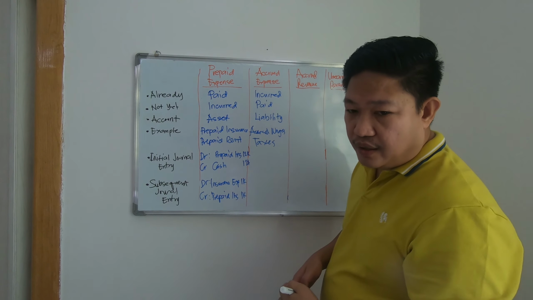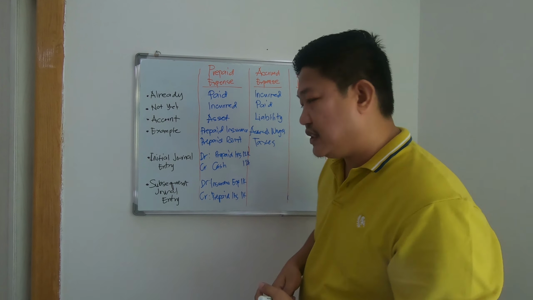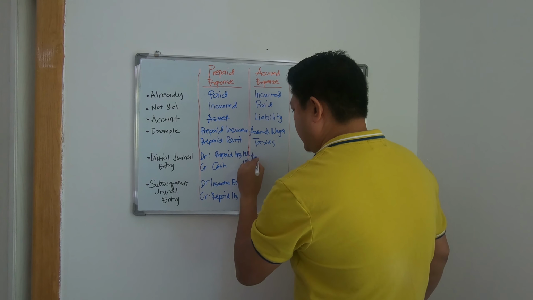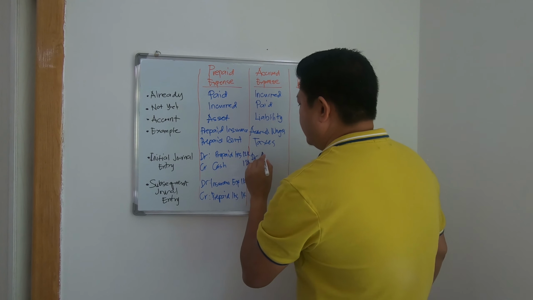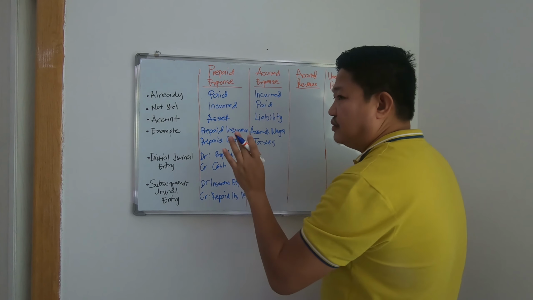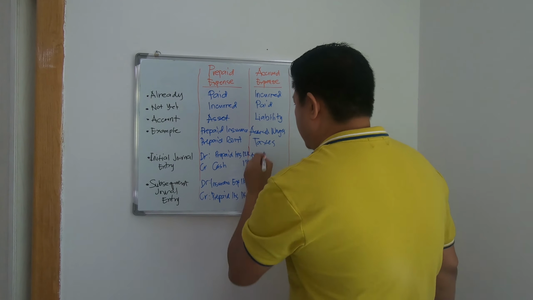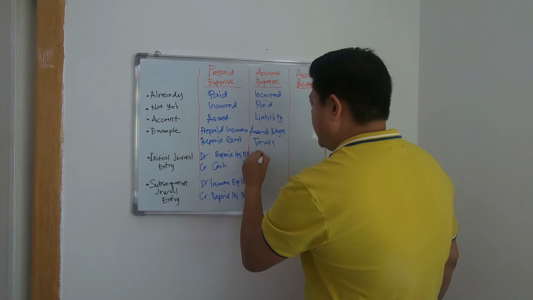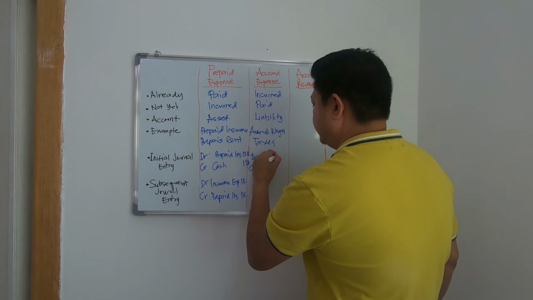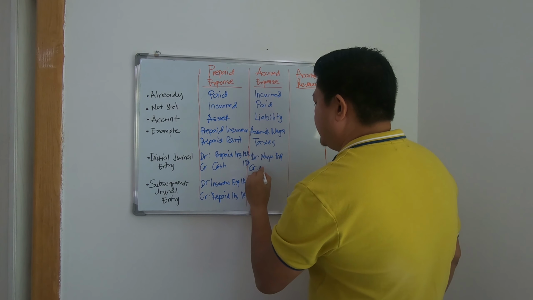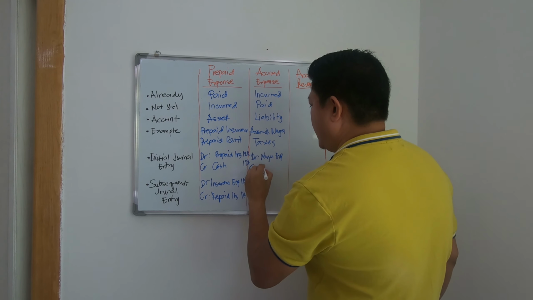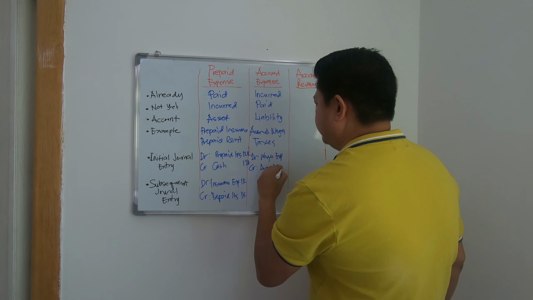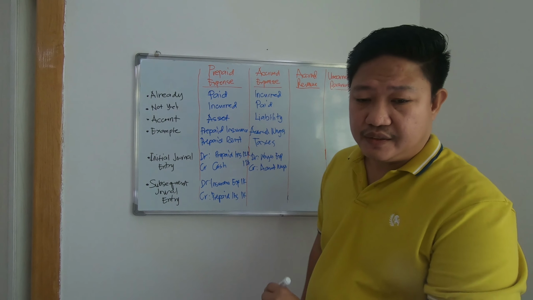So how do we record this kind of transaction initially? Let's say we have debit and credit. In this case, you need to recognize the expenses. So we'll do the entry for the accrued wages: wage expense, and wages payable, or accrued wages payable, or accrued wages.